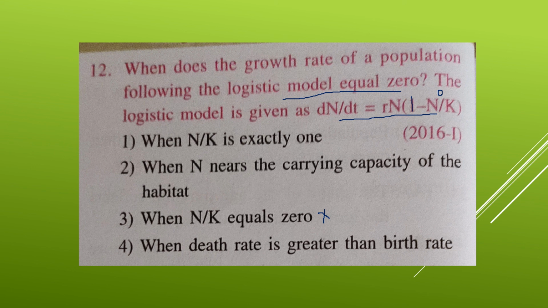So N by K value is 1. If you take this N by K value as 1, then 1 minus 1 will be 0, and 0 into something will be 0. So that is satisfied. The answer is that when N by K is exactly equal to 1, the logistic model equation will be 0.